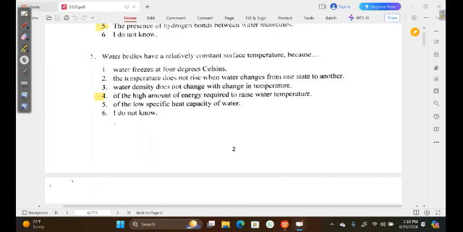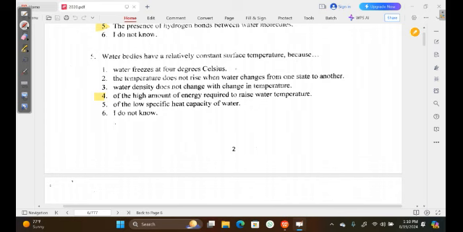Okay, so let's proceed to question 5. Question 5 reads, water bodies have a relatively constant surface temperature because option 1 is saying water freezes at 4 degrees Celsius.